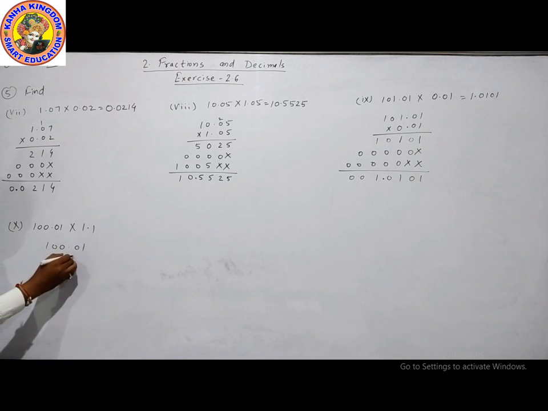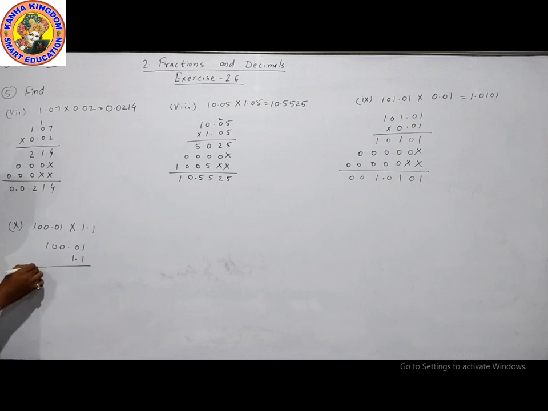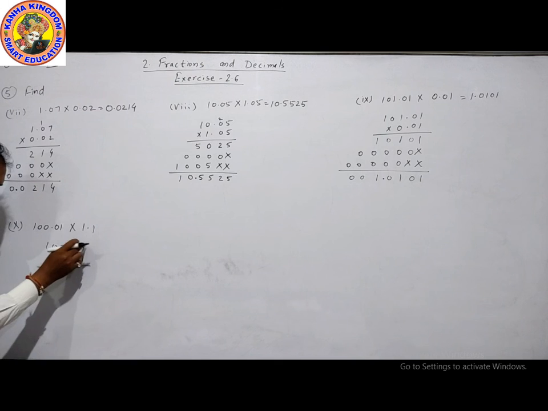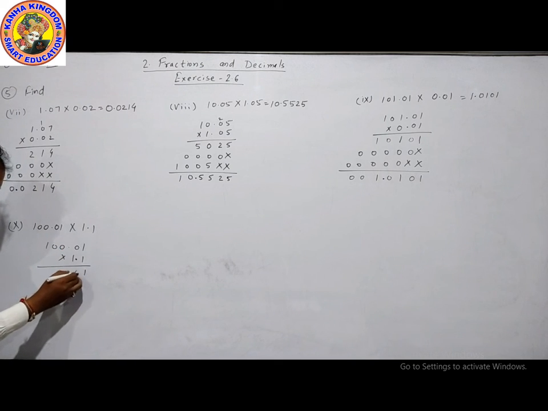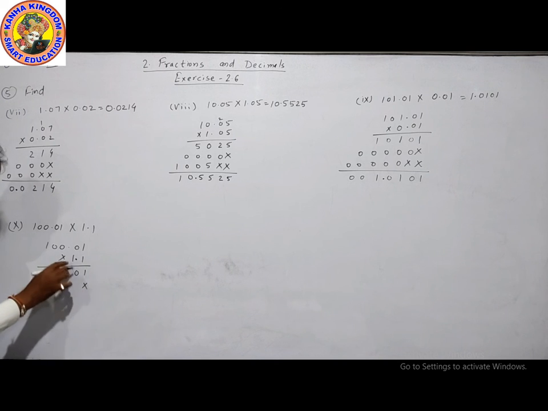Next is this, 100.01 multiply 1.1. By multiplying: 1, 1, 0, 0, 0 and 1.